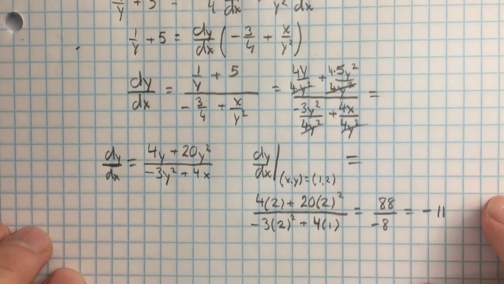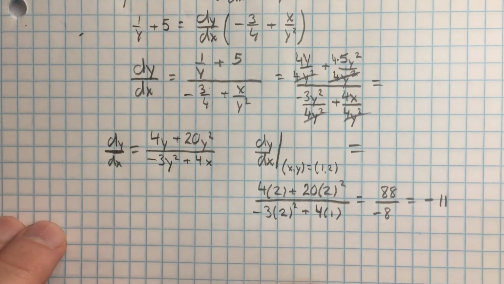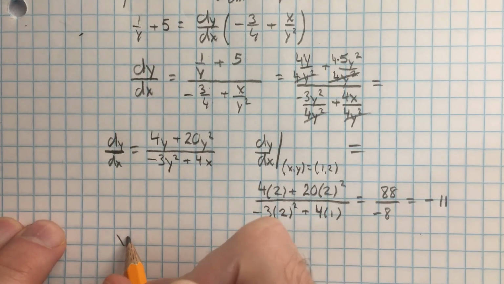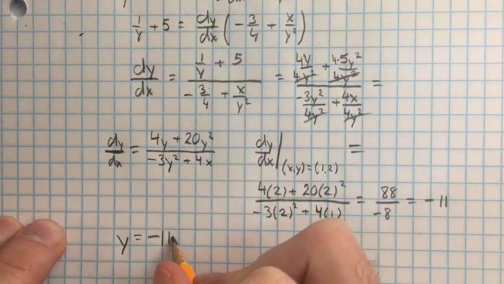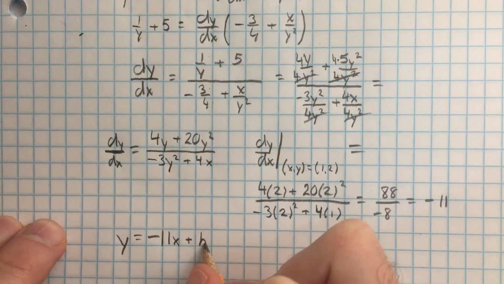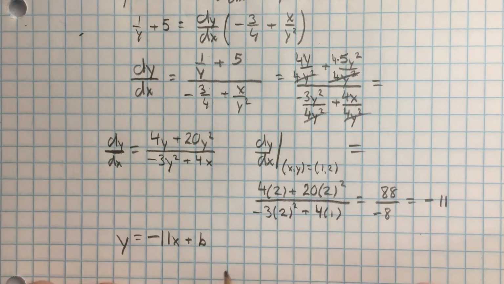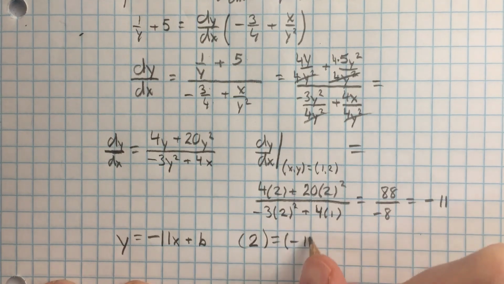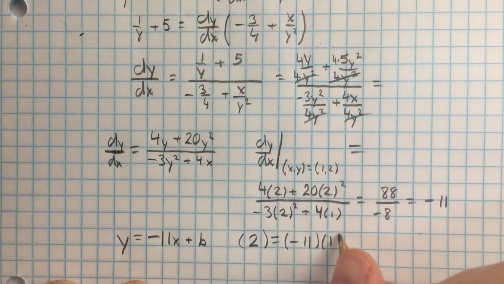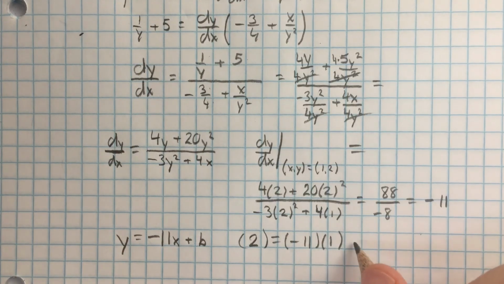So now we just need to get the tangent line itself, in the usual case. All right. Slope-intercept form. There's the slope, and we just need the intercept. But we know that (1, 2) is on this line, so therefore we'll have 2 equals negative 11 times 1 plus unknown y-intercept.